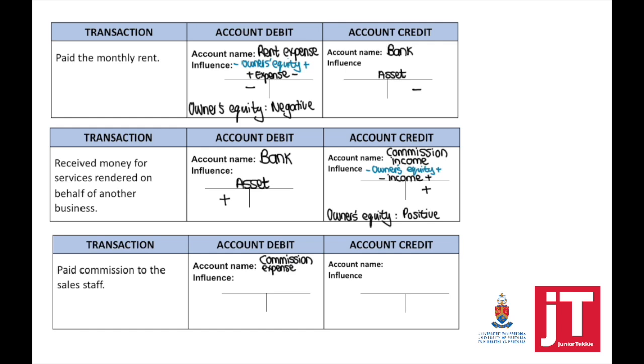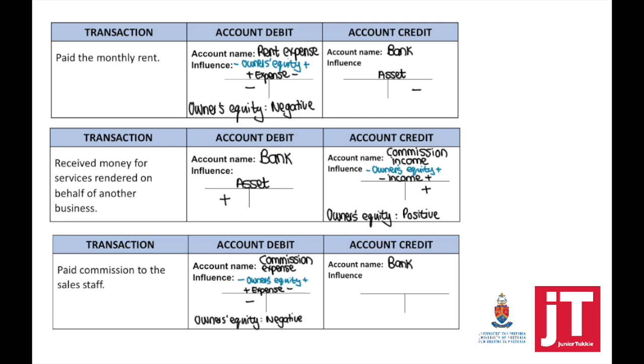From the business perspective, it's an expense to the business. When money is paid, it means bank will always be credited. Commission expense is classified as an expense, but it will affect our owner's equity. If our expense increases, it will have a negative effect on the owner's equity.